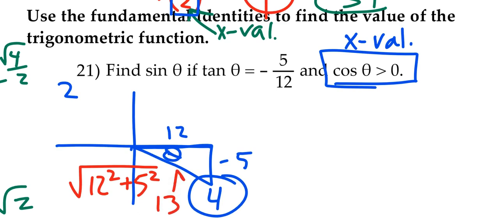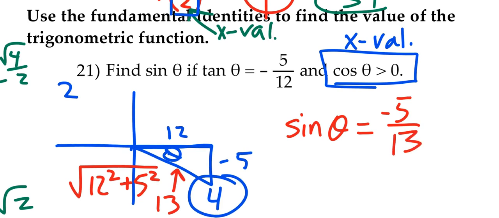Yes. So, the hypotenuse is 13. They want me to find the sine of theta: opposite over hypotenuse. It does have to be negative because the y value is negative in that quadrant.